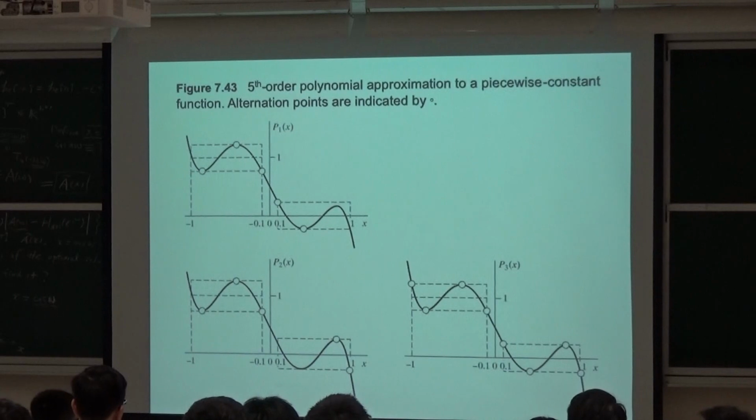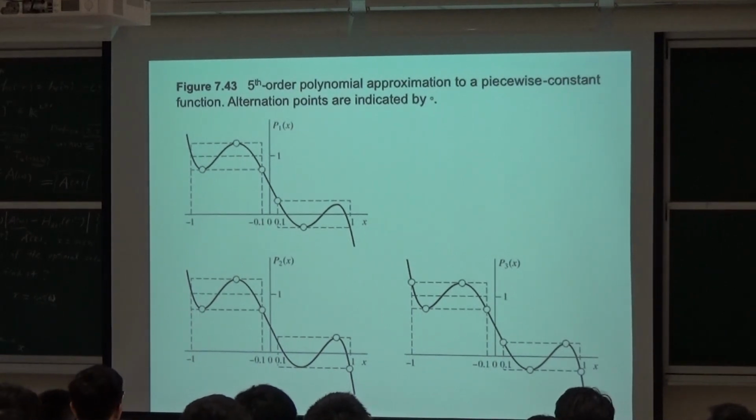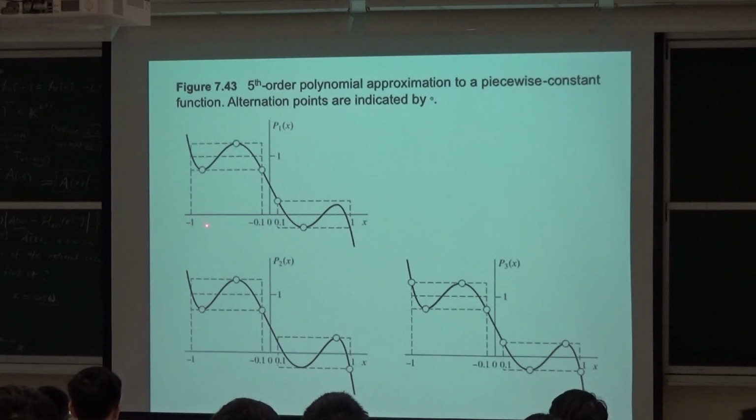So here are a few examples. Let's check whether or not these functions are optimal. They might or might not be, but here we are seeing 3 polynomials, designed as high pass filters from minus 1 to 1.